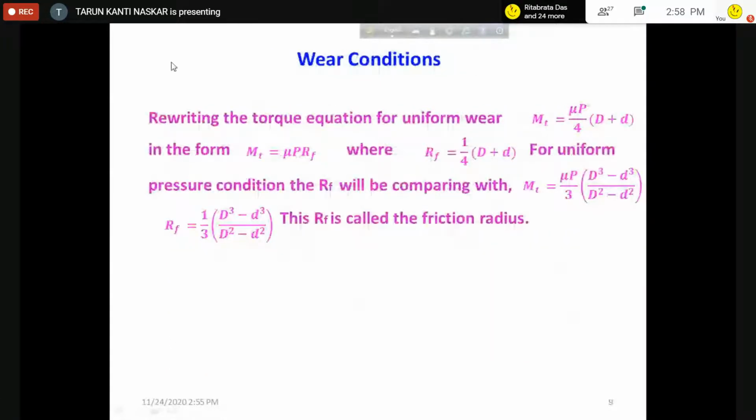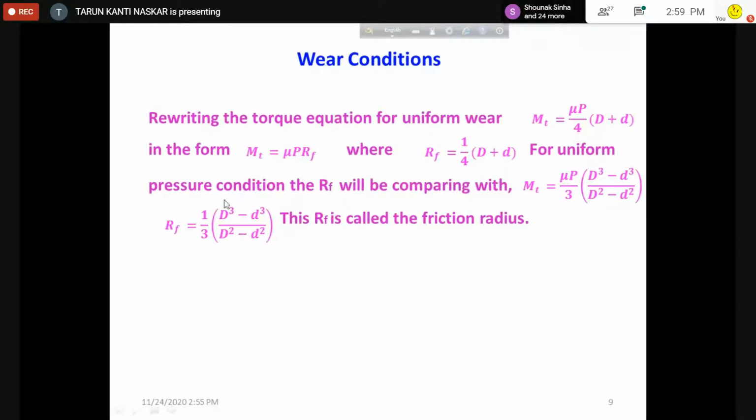So rewriting the torque equation for uniform wear, Mt equal to mu P by 4 into D plus d. Now if we replace this by Mt equal to mu P Rf, where Rf is the friction radius, then Rf is 1/4 (D plus d).